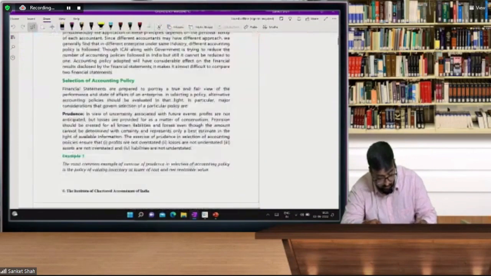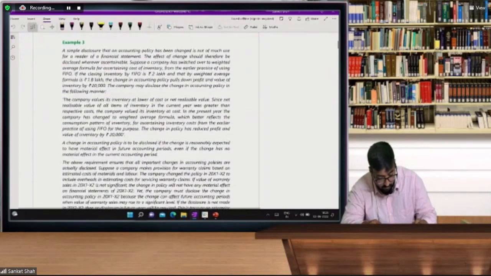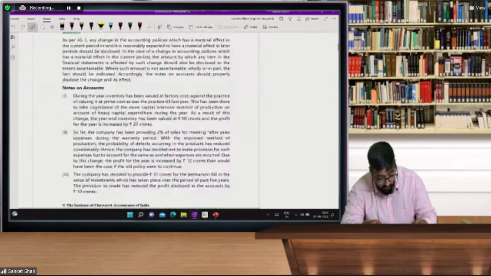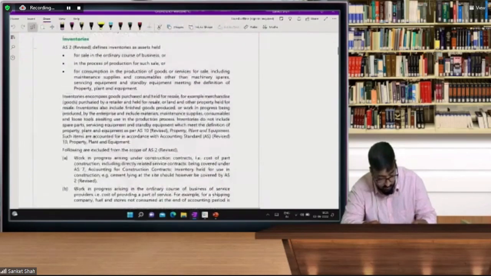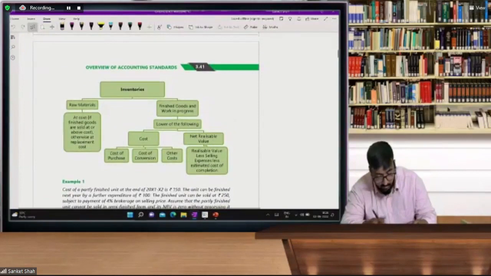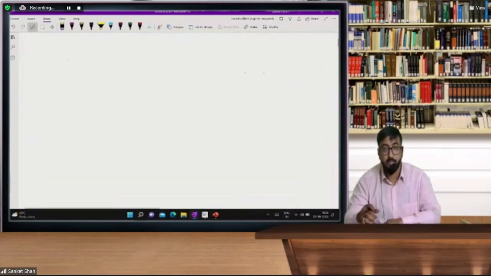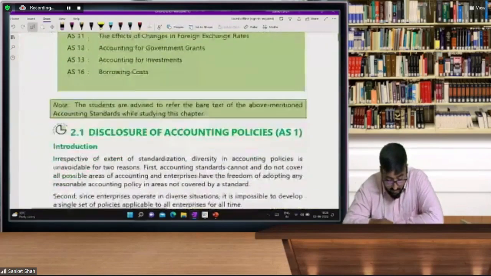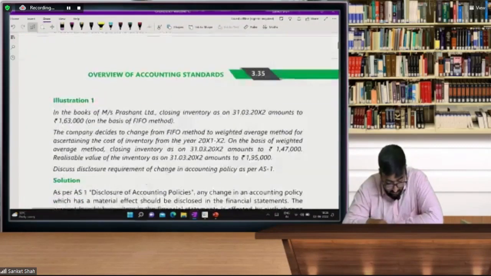Page number 3.41 in my material. Please read the question and see whether you are getting it or not.